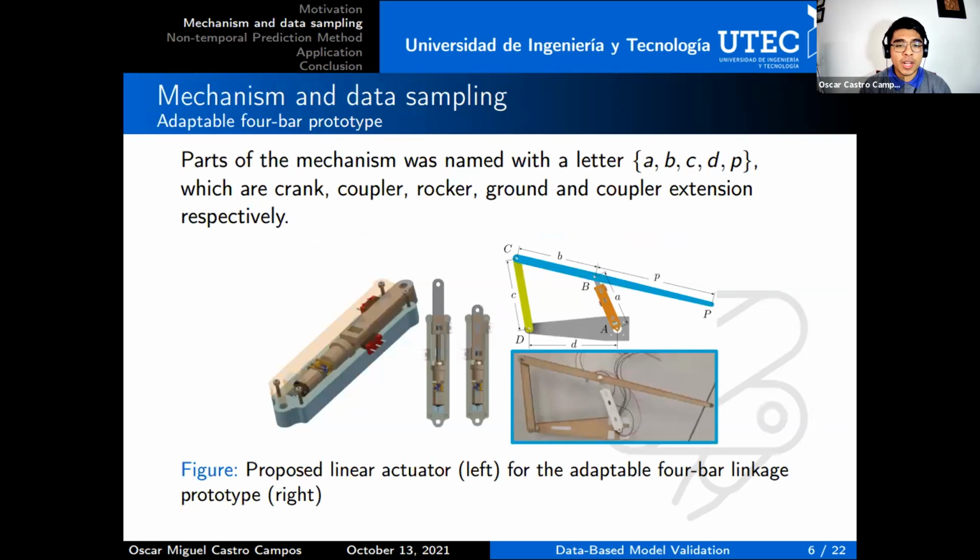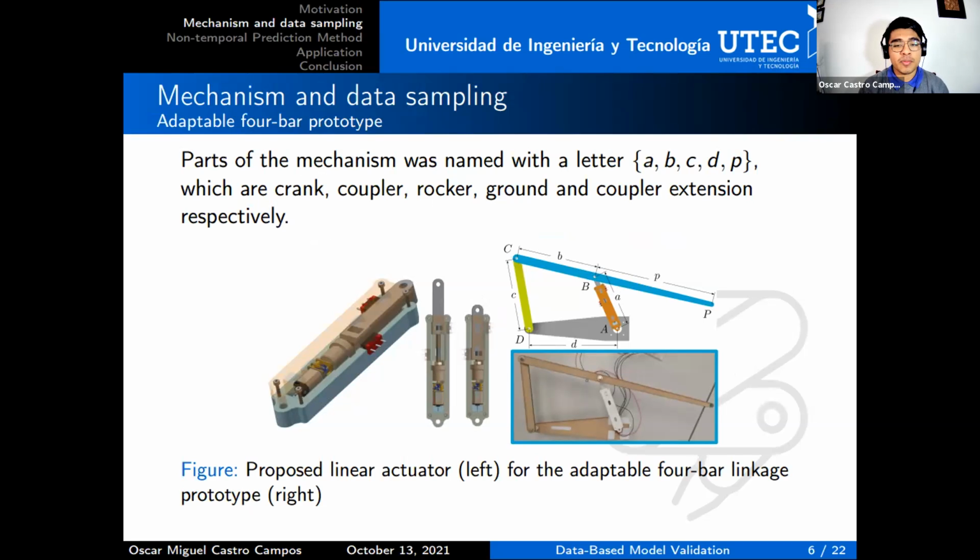First, I'm going to explain the prototype that we built to validate this method. This is our adaptable four-bar prototype. The structure of this mechanism was made by laser cutting using 5 millimeter MDF. The parts of the mechanism are labeled A, B, C, D, and P, which are crank, coupler, rocker, ground, and coupler extension, respectively.